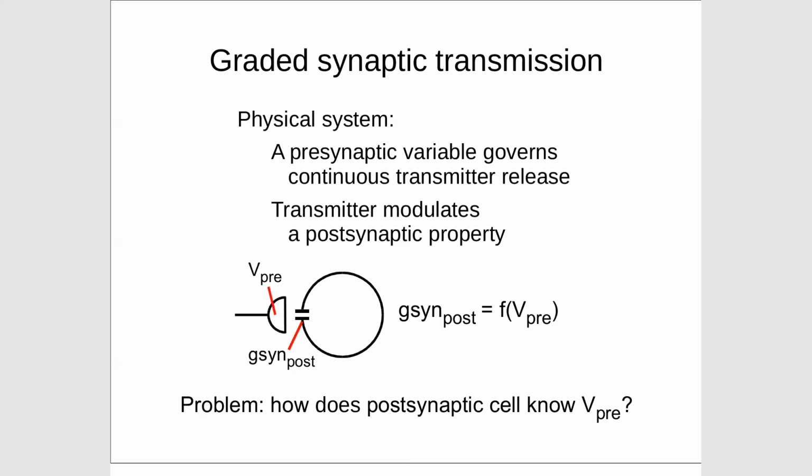And the abstraction that we use in most computer models is that there's some synaptic conductance attached to a segment on the postsynaptic cell, whose numeric value is some function of membrane potential in a segment of the presynaptic cell.